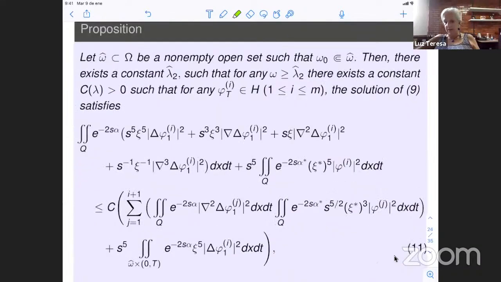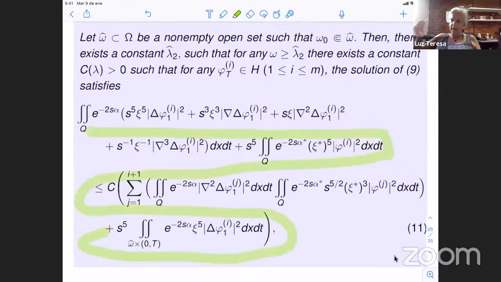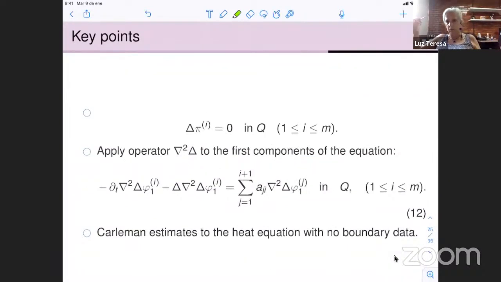And so we need to prove again an observability inequality using the same kind of trick that Coron and Guerrero used. Okay, so you need to apply this and obtain this very large observability inequality. And this can be done using again the same technique. The Laplacian of each component or each equation is 0 of the pressure.